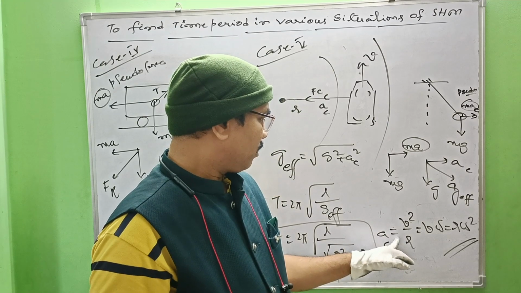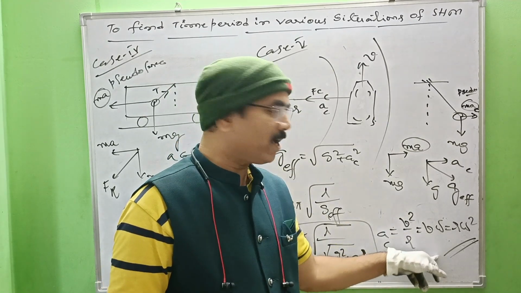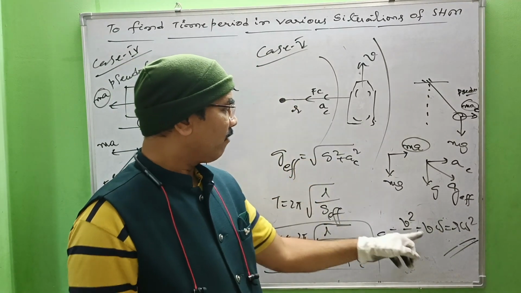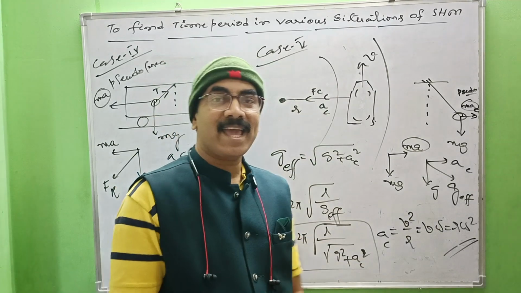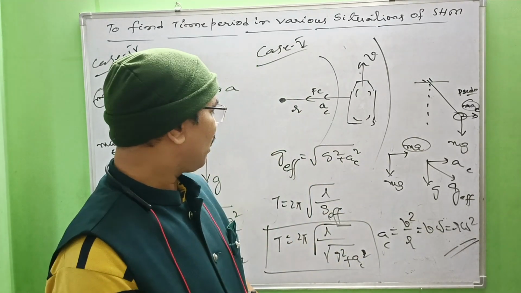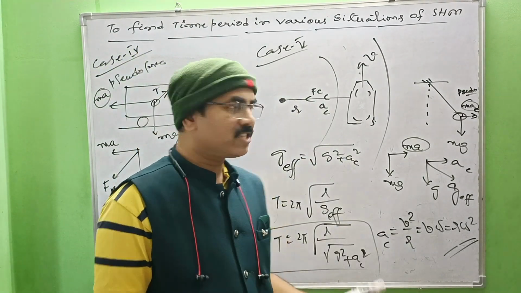Here R means the radius of the circular path, V means the speed of the vehicle, omega means angular frequency. That's how one can find the time period in various situations.